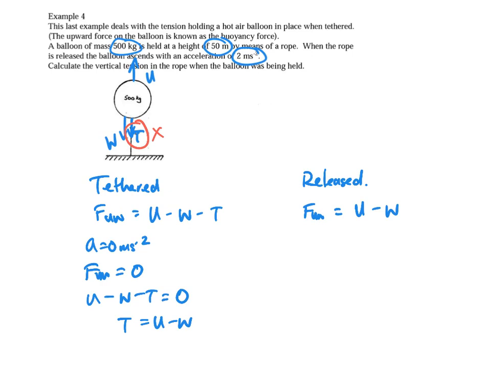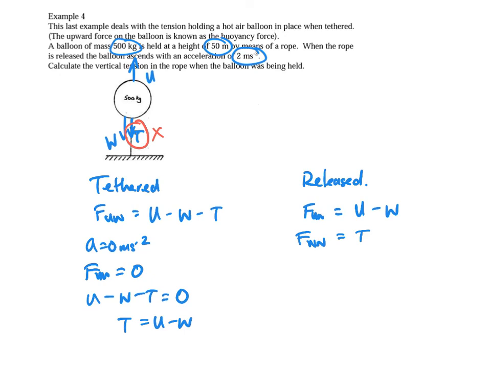When it's released, Fun is equal to U minus W, but as we've just proven, that is equal to the tension that was there before. But you get there much more easily by just thinking about the situation than by the arithmetic. By cutting that rope, you have unbalanced it by an amount equal to the tension.